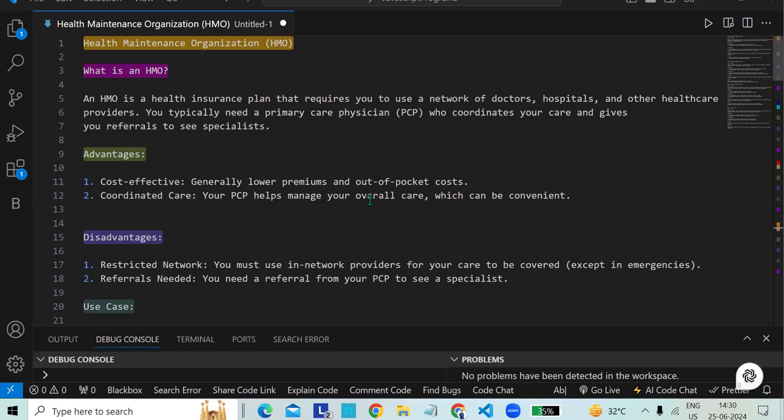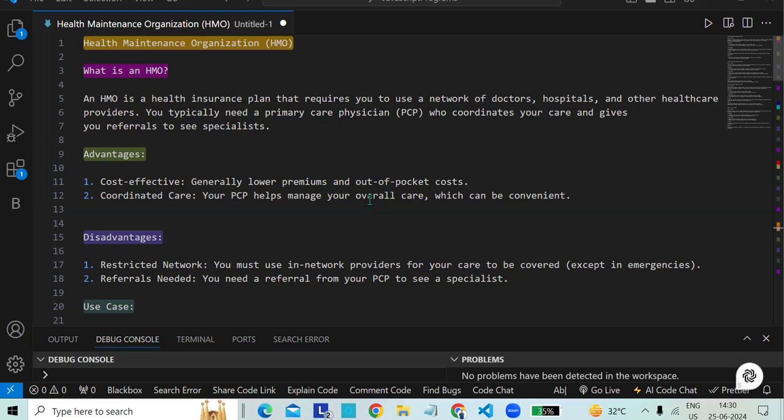You typically need a primary care physician who coordinates your care and gives you a referral to see a specialist. So when you take an HMO plan, you need a primary care physician.